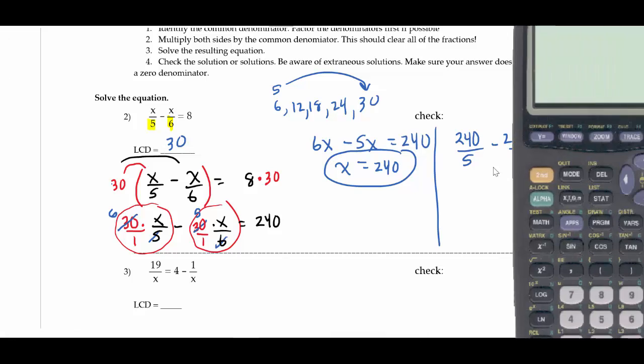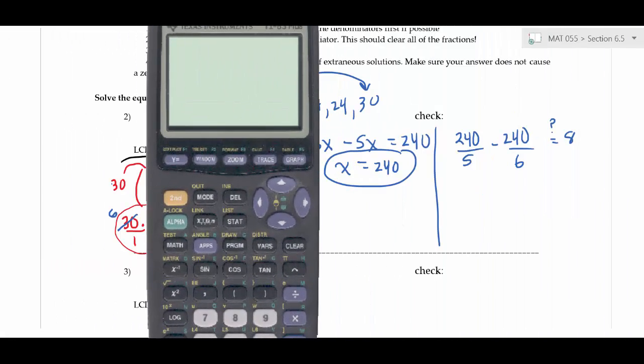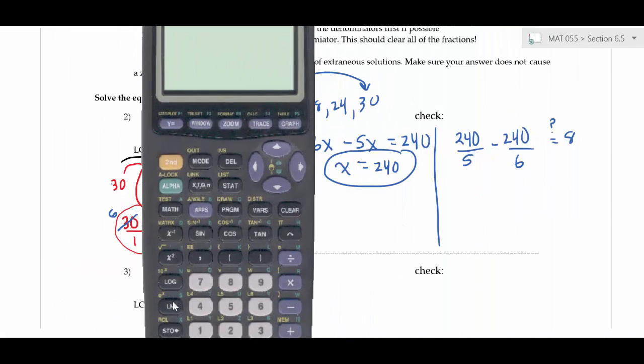Now I'm going to use the calculator to help me with that just a little bit here. Okay, so to begin with, 240 divided by 5 is going to give 48. Then if I do 240 divided by 6, that's going to give 40. Is that right? It is.